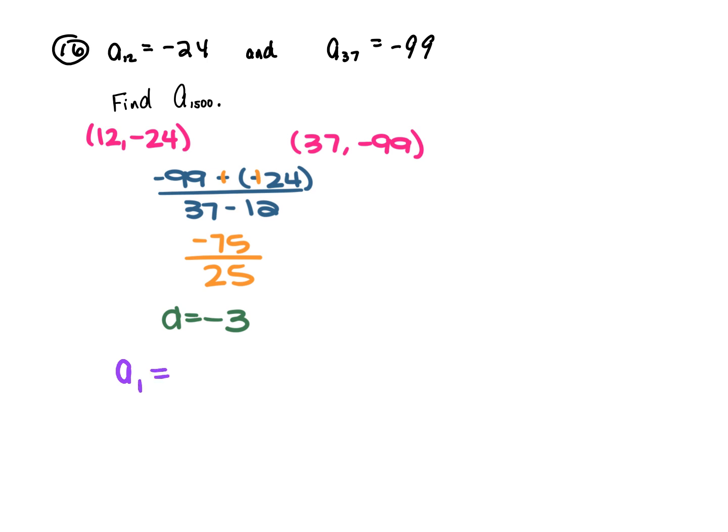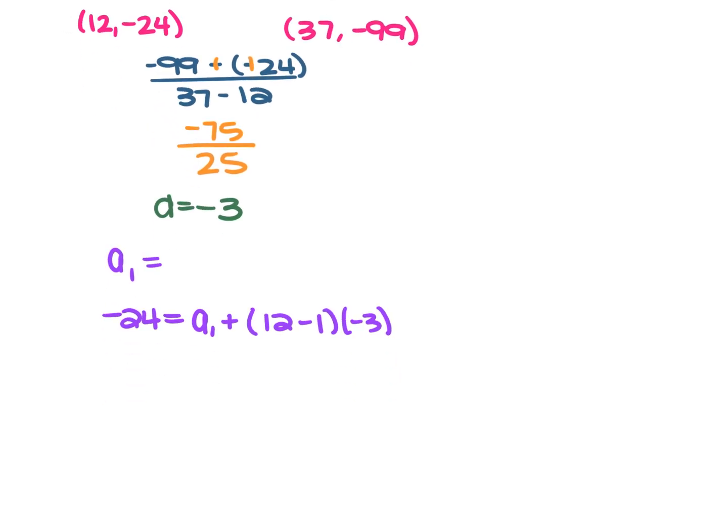If we find a sub 1, we're going to use the first one that we have here. So that means we're going to have negative 24 is equal to a sub 1 plus the number that we have there, which is 12 minus 1 times our common difference, which is negative 3.